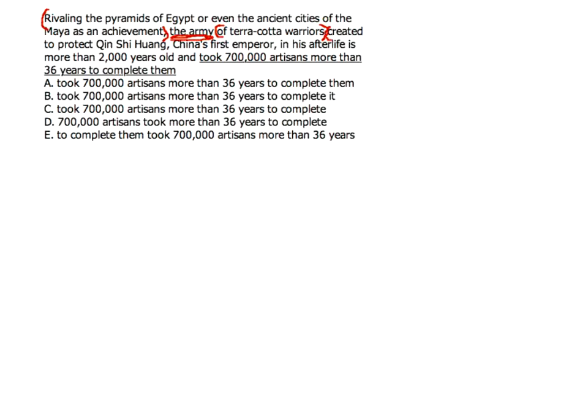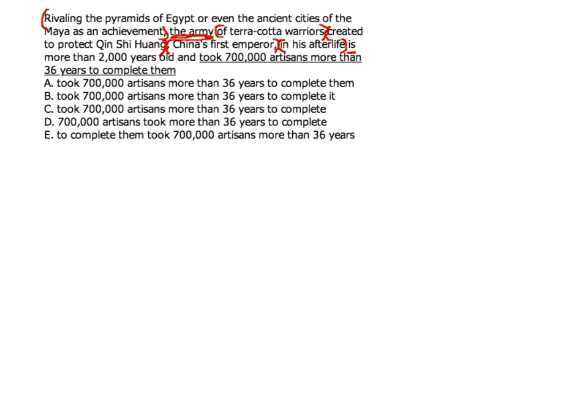So does created to protect, QSH. Not real sure how to pronounce that. But then this is another modifier. China's first emperor describes QSH. And then in his afterlife describes protecting QSH.